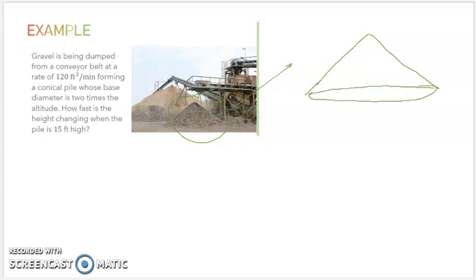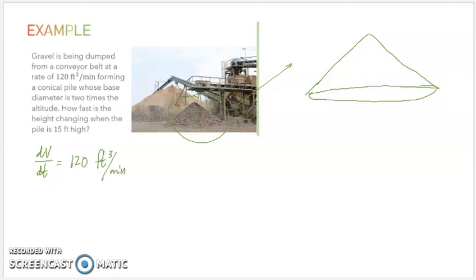Okay, so the volume of this pile of gravel is changing at the rate of 120 feet cube per minute. So that will be our derivative of the volume of this cone, of this conical pile with respect to time. That's 120 feet cube per minute.